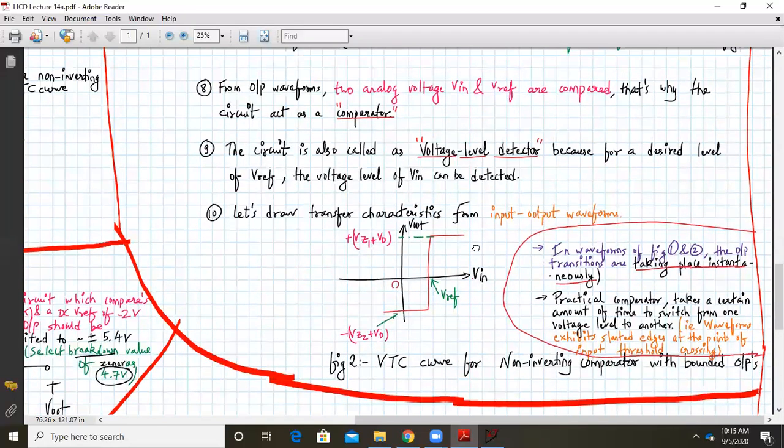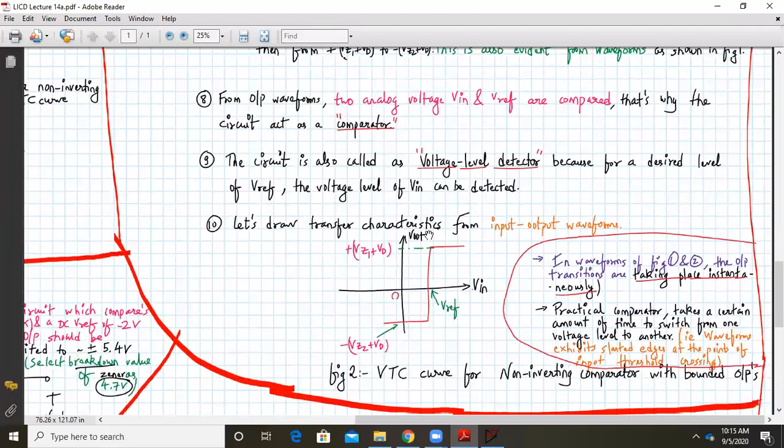One more thing to note is that for a practical comparator, this vertical straight line is not so straight. It is basically a slant, because a practical comparator takes a certain amount of time to switch from one voltage level to another, so the waveforms will exhibit slanted edges.